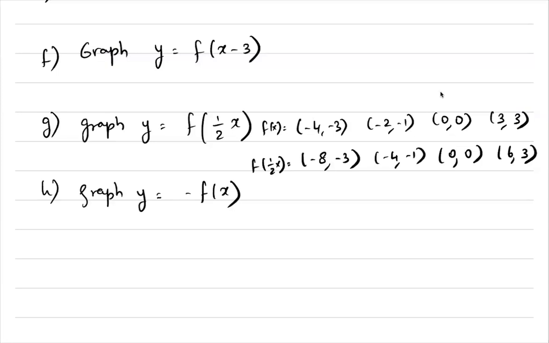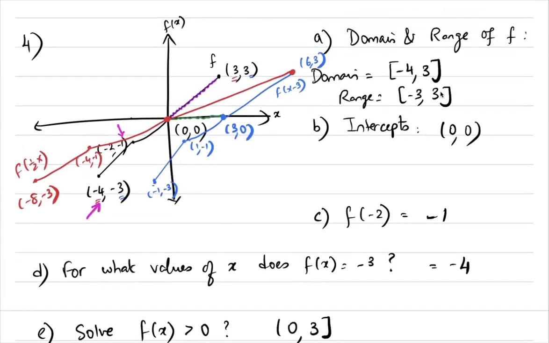Next one, graph negative f of x. So negative f of x is nothing but a reflection over the x-axis, meaning the x value remains the same, the y value becomes opposite. So this point, -4, -3, now becomes -4, +3. 0, 0 remains the same. -2, -1 becomes -2, +1. 3, 3 becomes 3, -3.